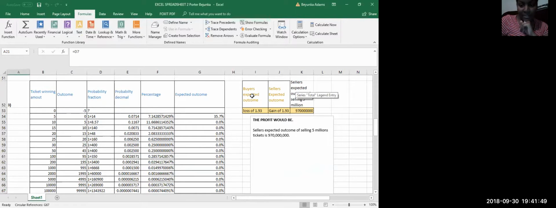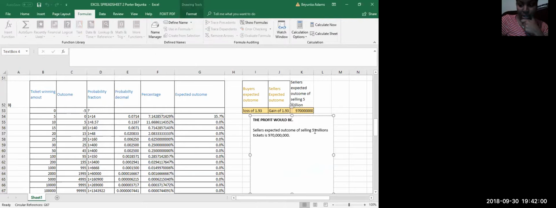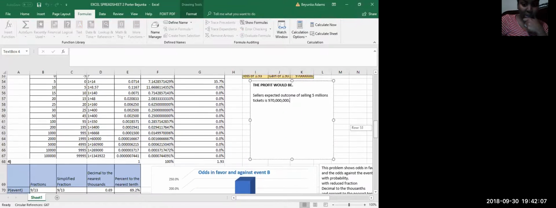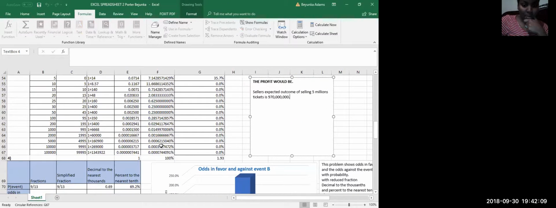It shows right here the buyer's expected outcome and the seller's expected outcome, and it showed 970 billion if you were to sell 5 million. I couldn't exactly get this chart all the way together, but I got most of it.